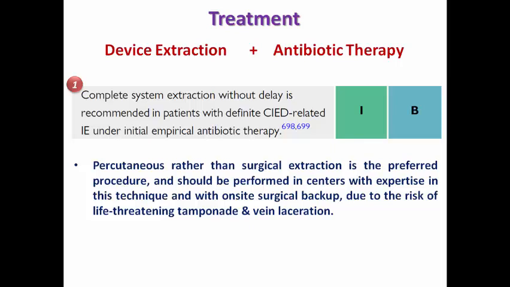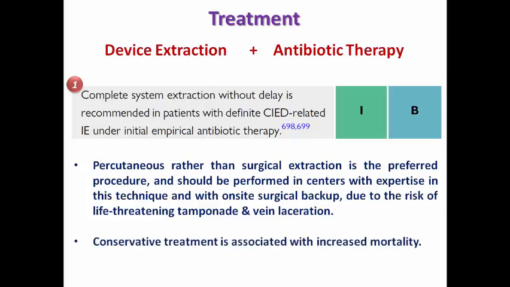Percutaneous extraction is preferred to surgical extraction with lower risk, and it should be performed in centers and by personnel with expertise in this technique and with surgical backup due to a risk of tamponade or vein laceration during percutaneous extraction. And conservative treatment alone is associated with increased mortality.